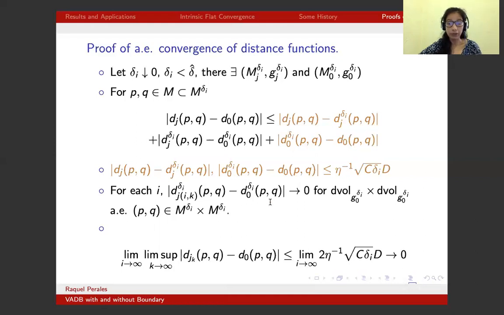And because of the conditions that we impose, we are able to show that the volumes of these doublings converge to the volumes of this manifold, that they have a diameter bound, and that G0 delta I is less or equal than Gj delta I. So we can use Allen-Sormani, and then we look at this triangle inequality again. We take the lim sup with respect to k, and we take the limit with respect to I, and we get in the limit a 0.